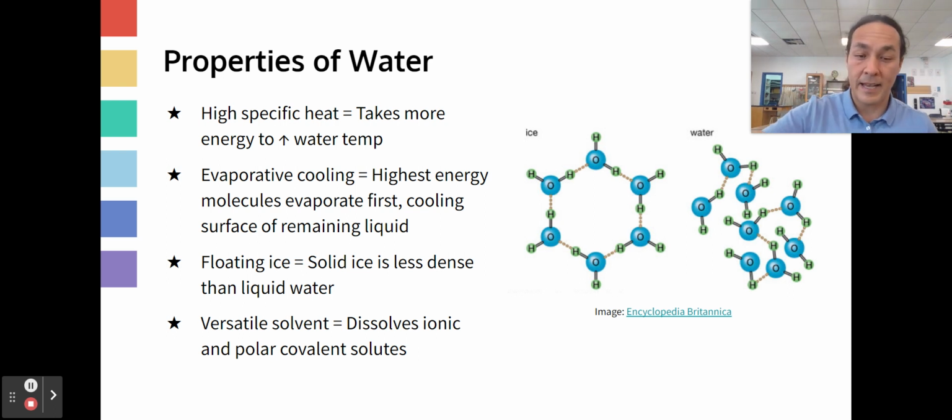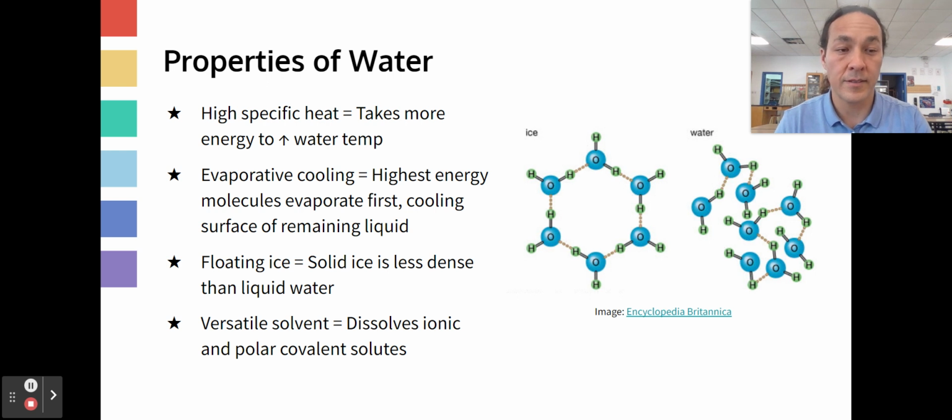If density is mass divided by volume, because ice has a bigger volume due to the frozen hydrogen bonds here in a lattice structure compared to them constantly breaking and reforming, ice will be less dense than water.